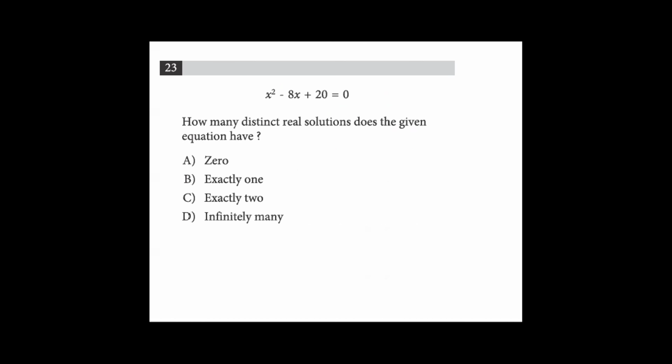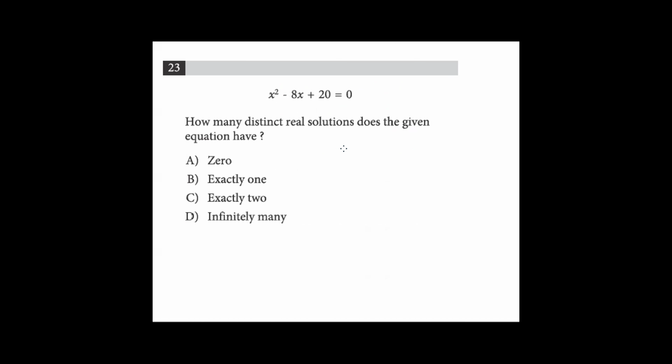Another way you could solve it is by doing x squared minus 8x equals negative 20, because you subtract 20 from both sides, and then you try values of x. x squared will always increase faster than 8x as you get to higher values of x, so you only have to test the first few terms. You could test x equals 1, 2, 3, and 4.